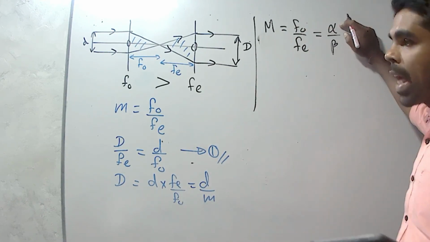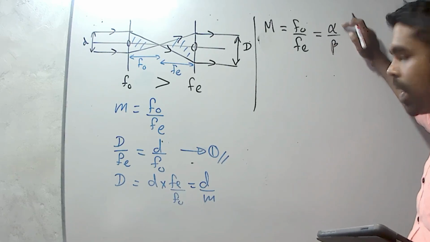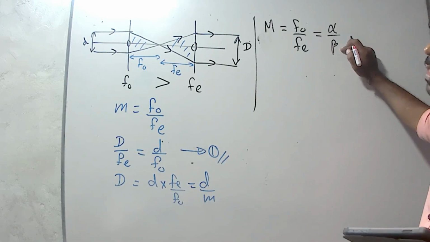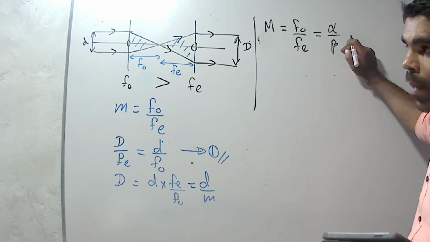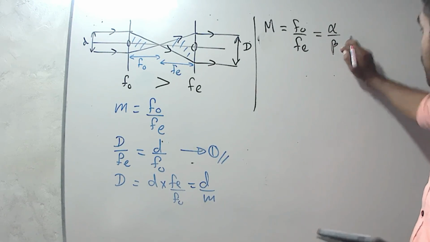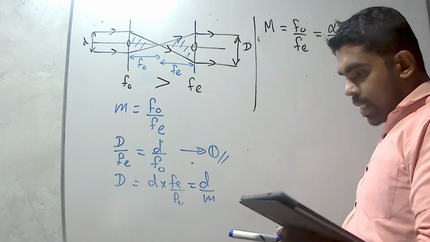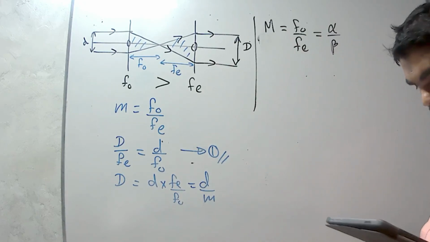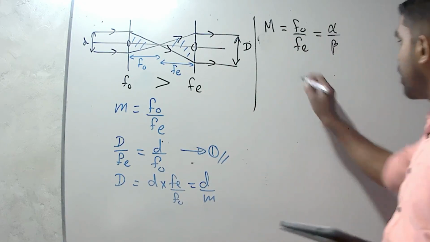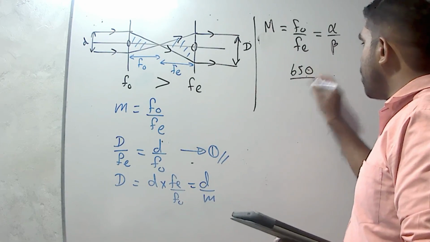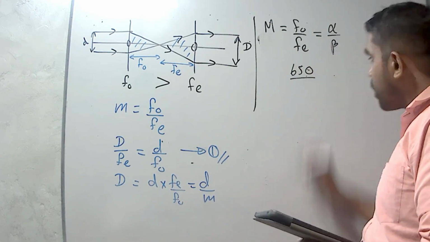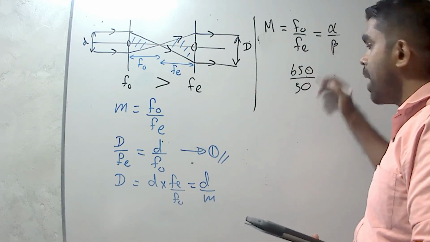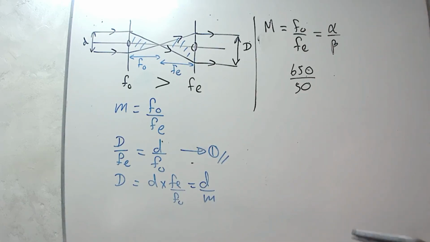Alpha means the angle subtended by the final image. Beta means the angle subtended by the object on the naked eye. Then the f0 value is the larger focal length. It is 650 millimeters divided by the fe value, 50 millimeters. There are the same units, therefore we can use them without unit conversion.